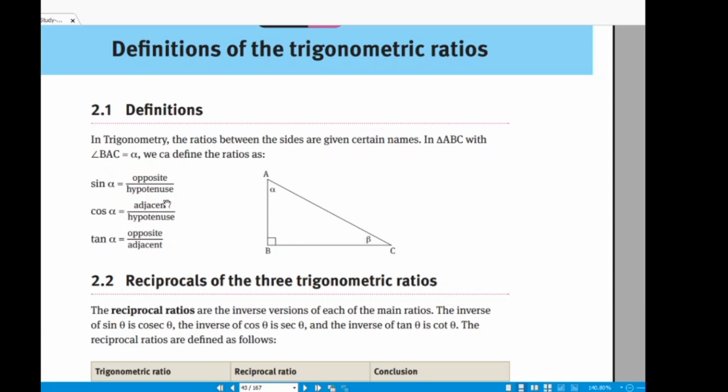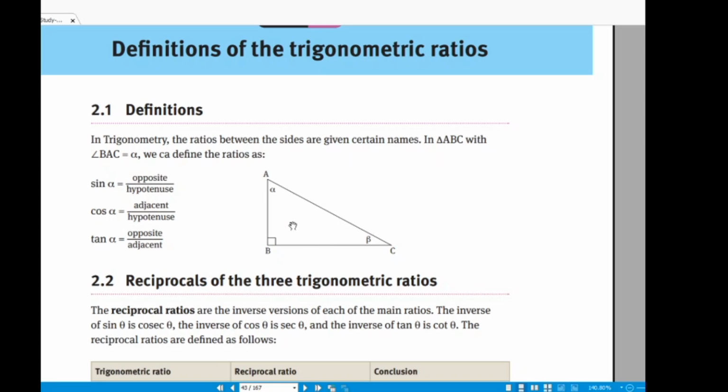Sine of alpha is the opposite side divided by the hypotenuse, cos of alpha is the adjacent side divided by the hypotenuse, and tan of alpha is the opposite side divided by the adjacent side.